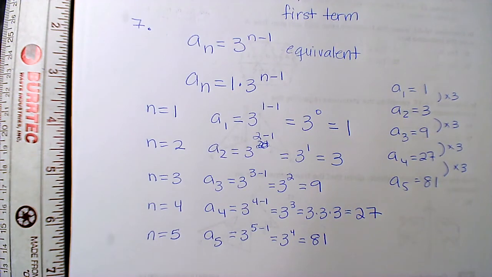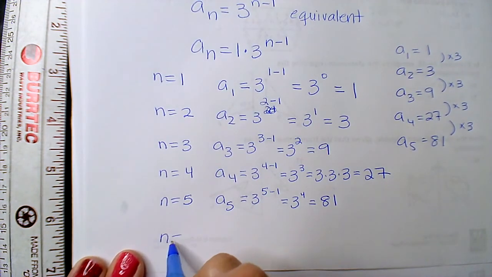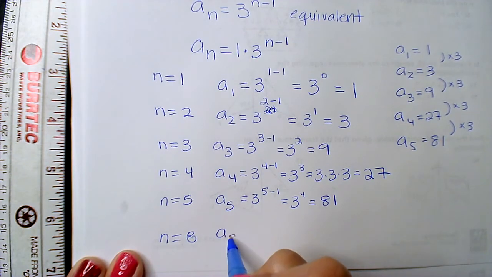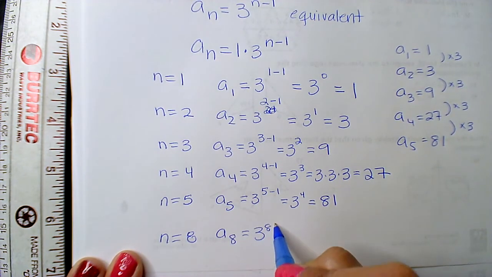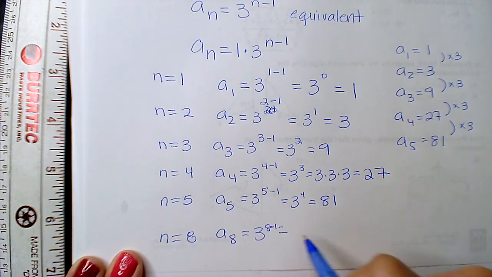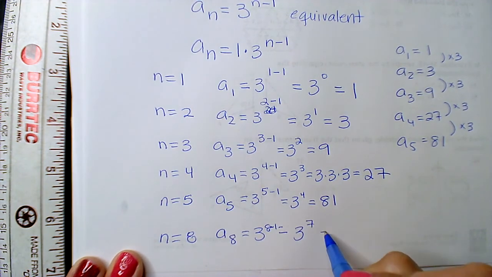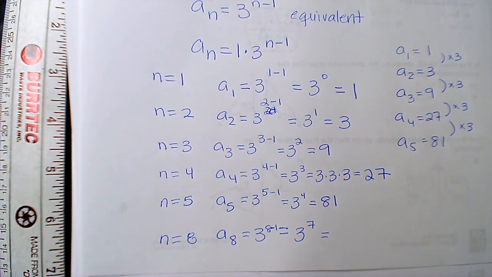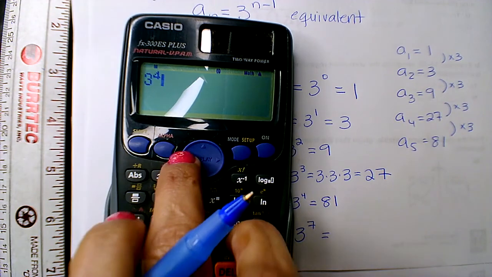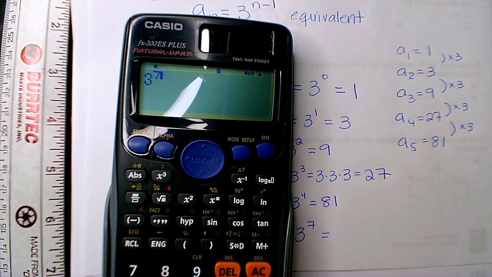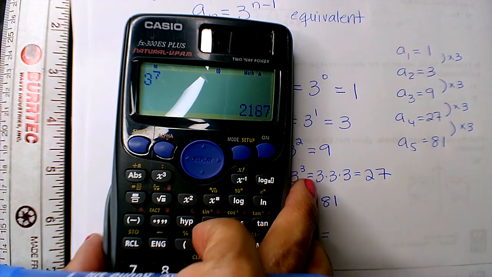Okay, they want us to go to the 8th term as well. 8 minus 1, so 3 to the 7th. What's 3 to the 7th? I got 2,187. Yep.